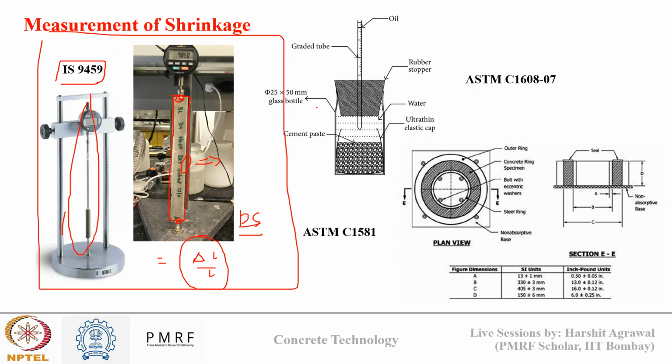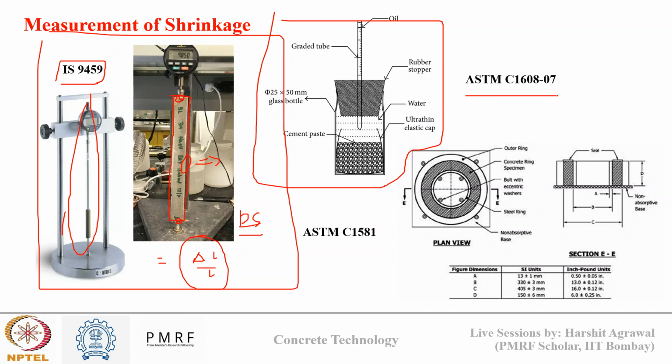In this third image, you can see the ASTM C1608 setup, and this is used for autogenous shrinkage. Initially, when cement hydration occurs, the autogenous or chemical shrinkage that occurs in concrete, we determine it. How?